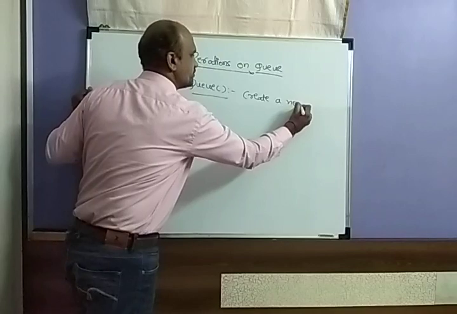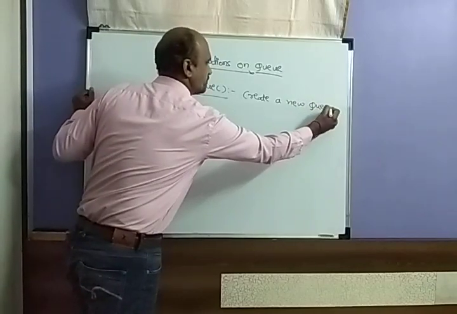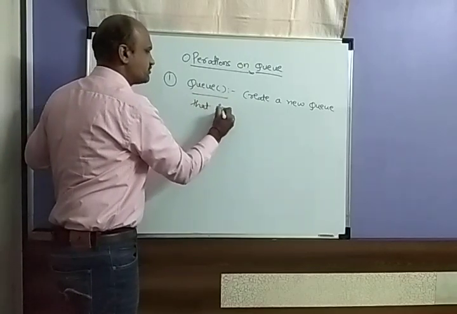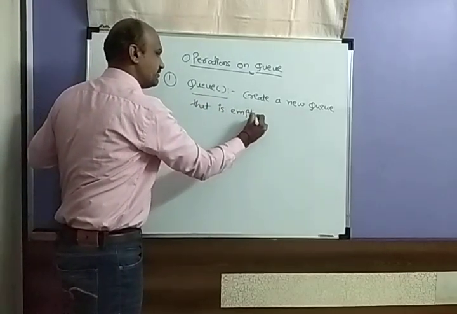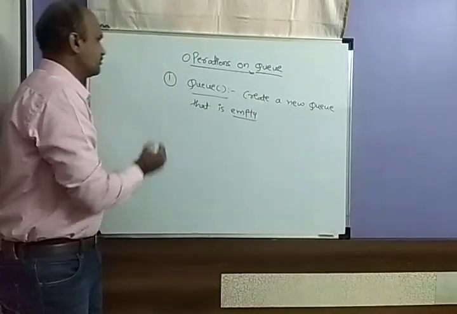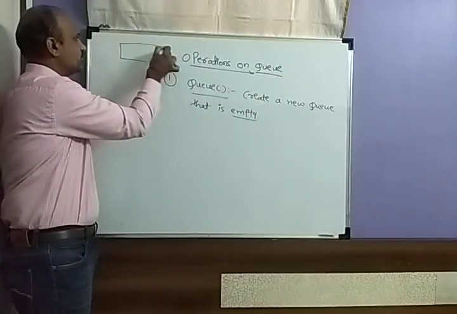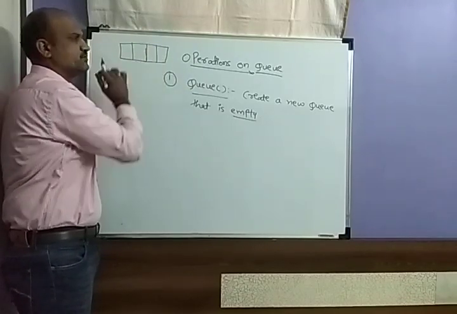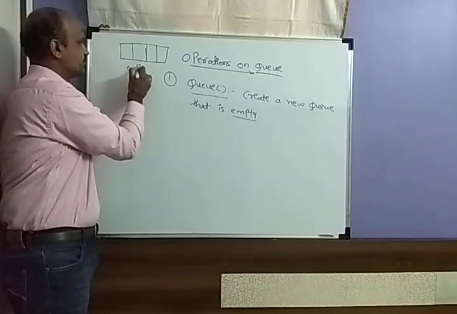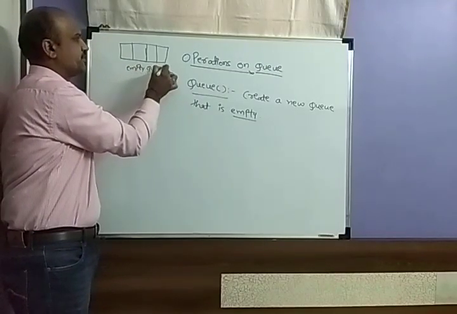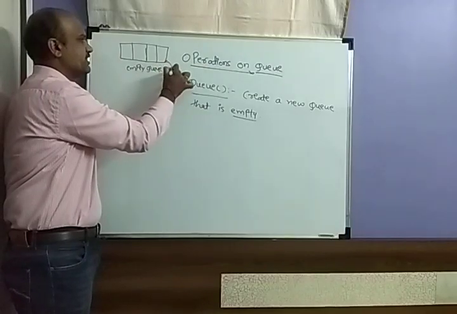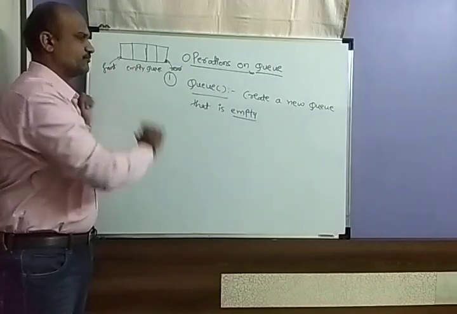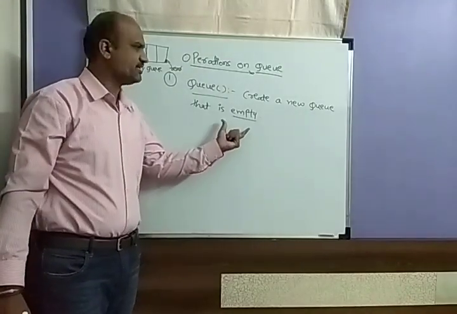That new queue is empty, because we have not inserted any item yet, so it becomes an empty queue. If you want to insert, this is the queue. This is the empty queue, where this is the rear and here it is the front.